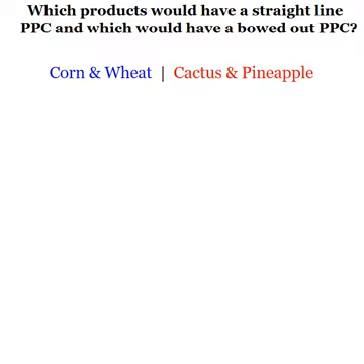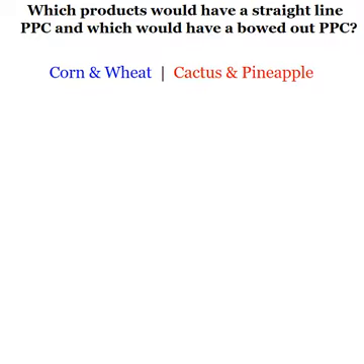Now that you know the difference between increasing opportunity costs and constant opportunity costs in a PPC, let's look at some examples. Here we have 2 examples. In blue, we have a PPC that would show corn and wheat, and in red, we have a PPC that would show cactus and pineapple. So think of which of those 2 combinations of goods are going to have a straight line PPC.